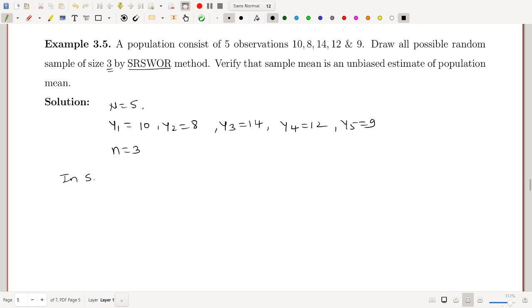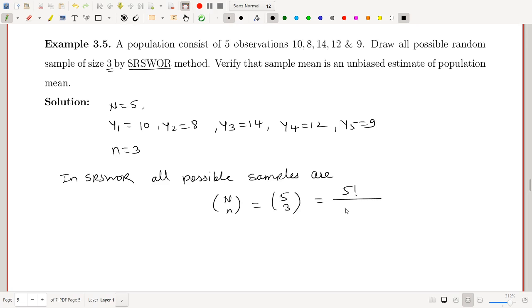We know that in SRSWR all possible samples are NCn. Here capital N is 5, so this will be 5C3, and small n is 3. Solve this one.